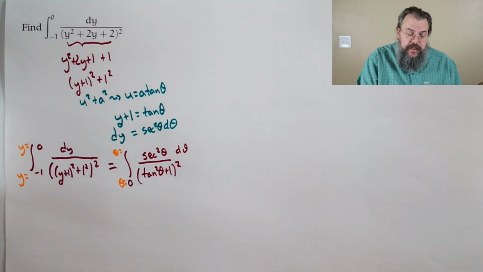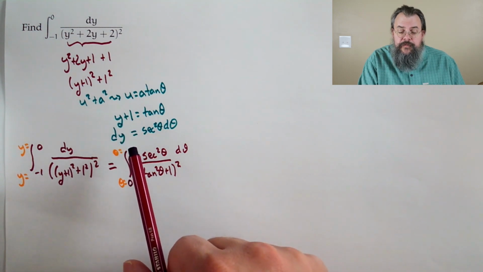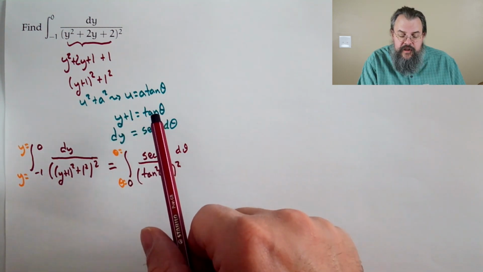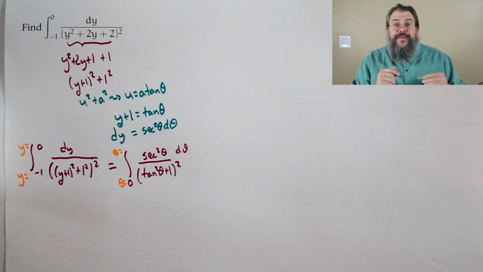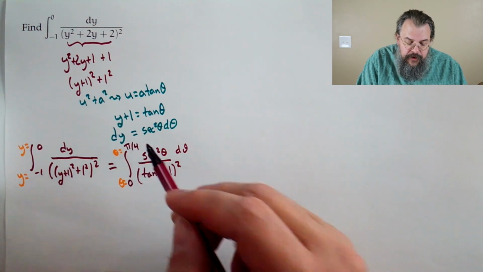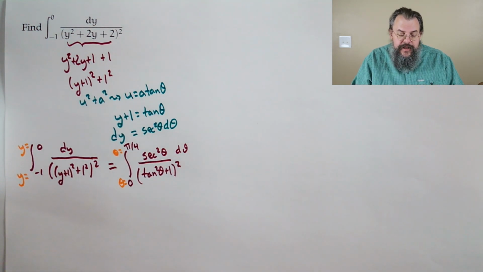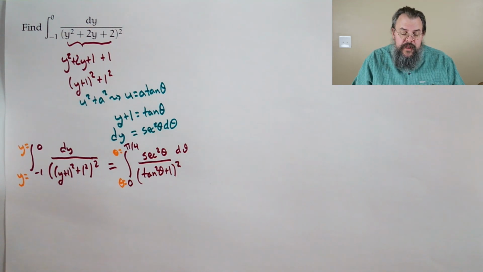All right, now plug in our upper bound of 0. 0 plus 1, that's 1. What angle, when we plug it into tangent, gives us 1? Well, that's actually a nice angle, pi fourths. So our upper bound is pi fourths. Great, good progress. Now, let's keep making more progress.